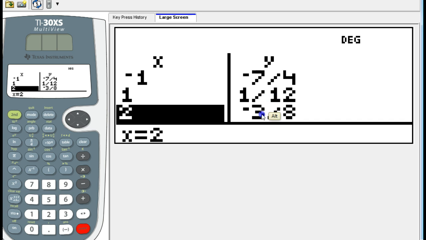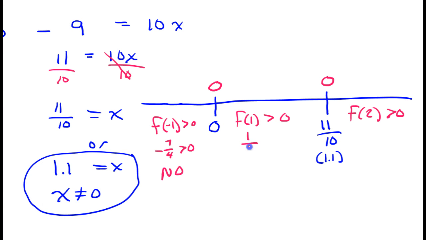We had 1/12. So the question is, is 1/12 greater than 0? Why, yes it is. That's a positive number, so it is greater than 0. At 2, I have -3/8. So that means is -3/8 greater than 0? No, that's a negative number. It is not greater than 0.